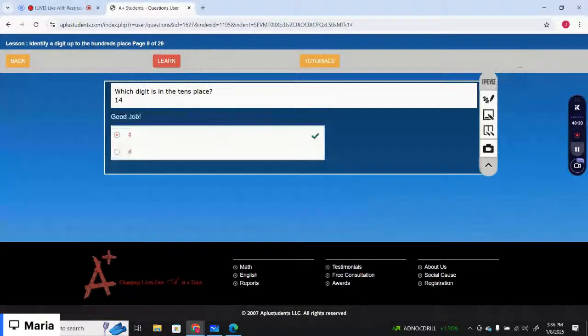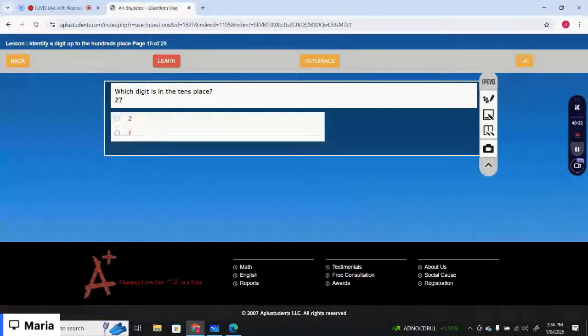The correct option is 1. Which digit is at the tens place, which is the correct option?